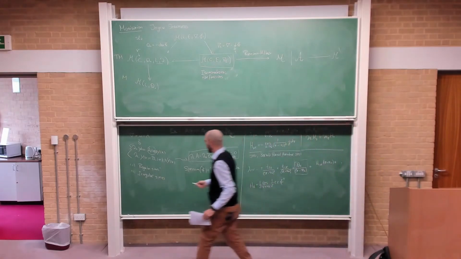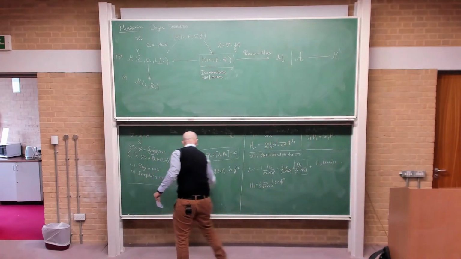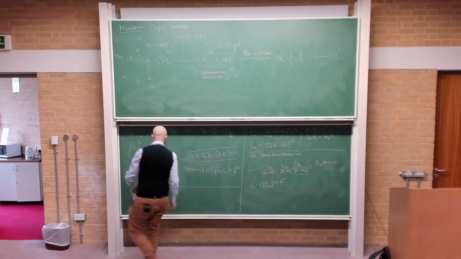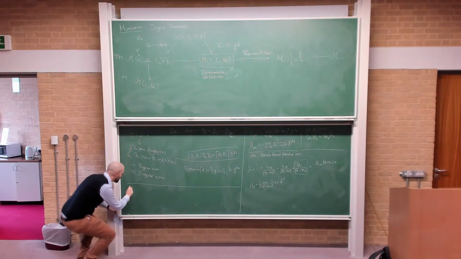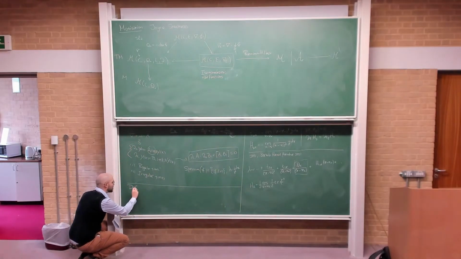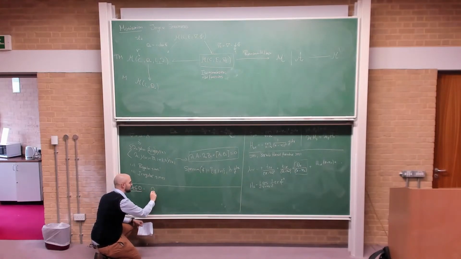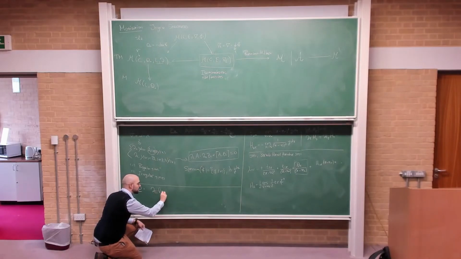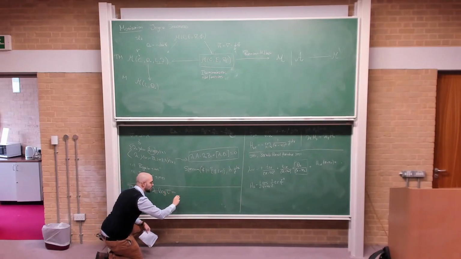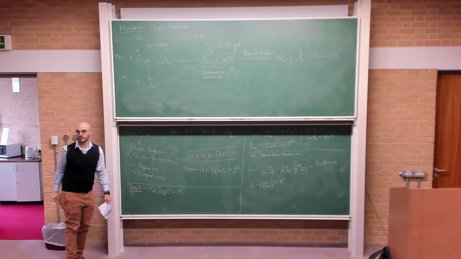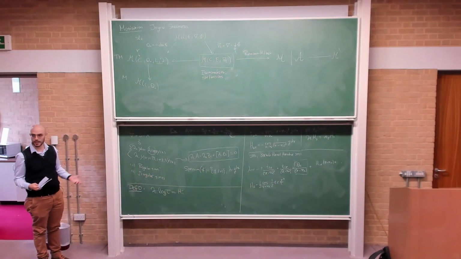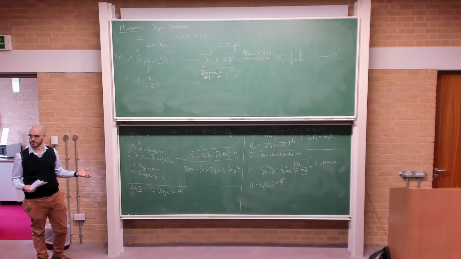So this gives us our definition 0 of what an isomonodromic tau function is. The isomonodromic tau function is such that its logarithmic derivative with respect to the times gives you the Hamiltonians. So it's the generating function for these Hamiltonians.